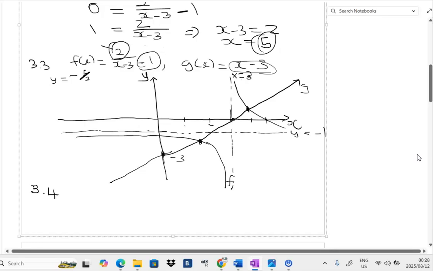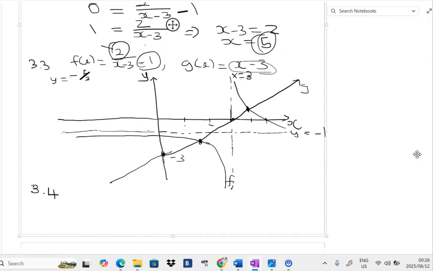If you check from this graph, this is f and this is g.